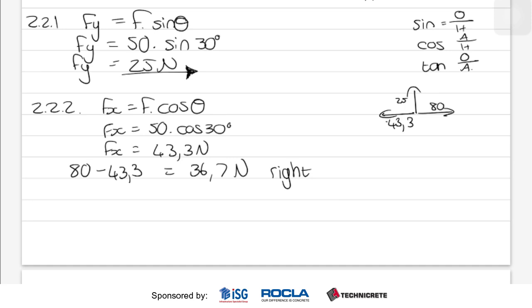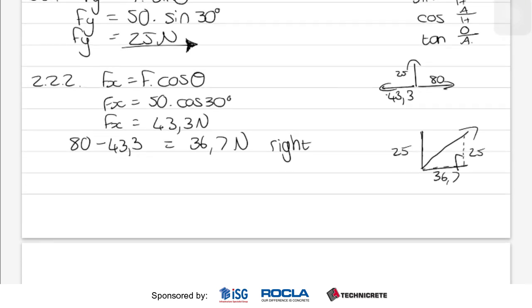So what is our actual resultant? If you look at it like this, you have 36,7 to the right and you have 25 up. So our resultant would be somewhere in between, going up and going right. How could we figure this out? Well, if we made this a complete triangle, and it's a right angle triangle, you could use Pythagoras' theorem.